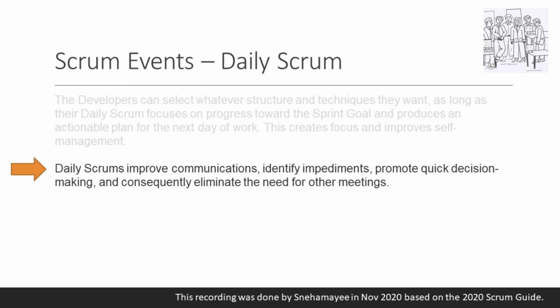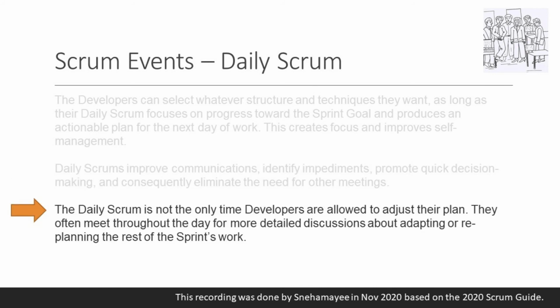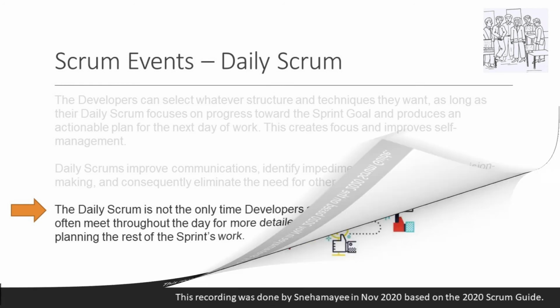Daily Scrums improve communications, identify impediments, promote quick decision making, and consequently eliminate the need for other meetings. The daily Scrum is not the only time developers are allowed to adjust their plan. They often meet throughout the day for more detailed discussions about adapting or replanning the rest of the sprint's work.